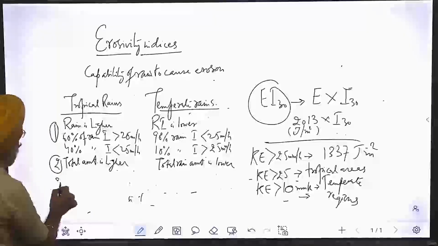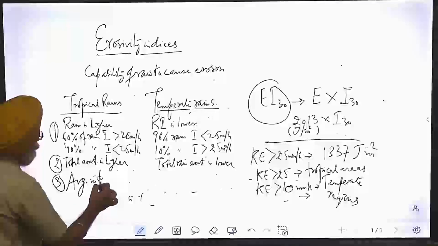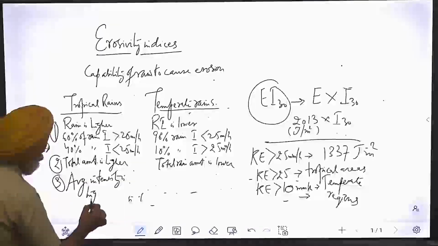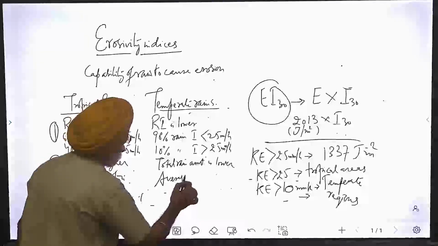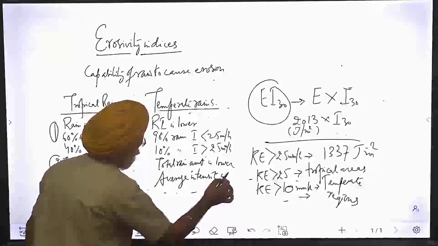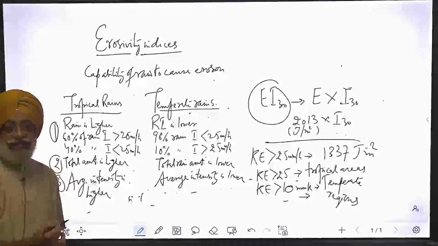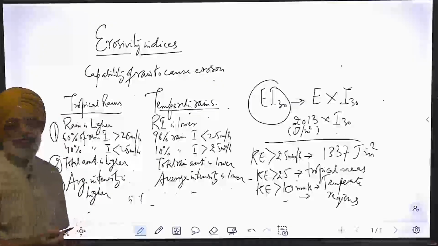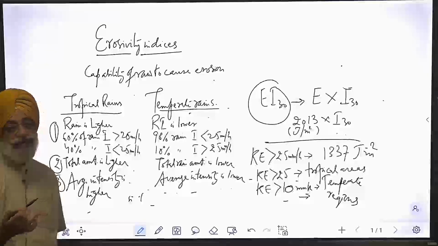As I said, average intensity is higher here and lower here. That means in temperate regions we don't expect soil erosion to be as high as in tropical regions, because high intensity means high erosivity of the rainfall and higher erosion.